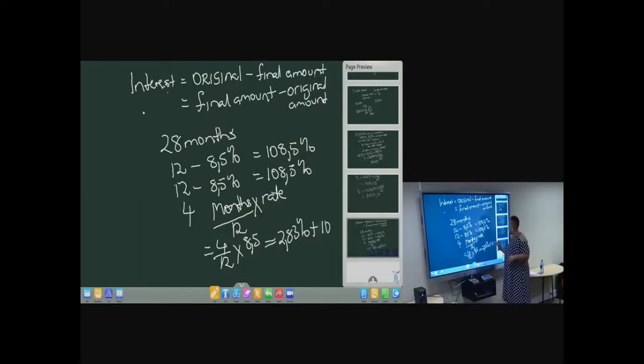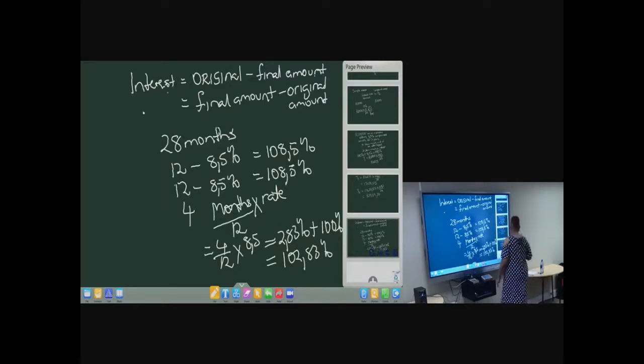So you add that to 100% and you will have 102.83%. So it means the answer for your second year will be multiplied by 102.83%.